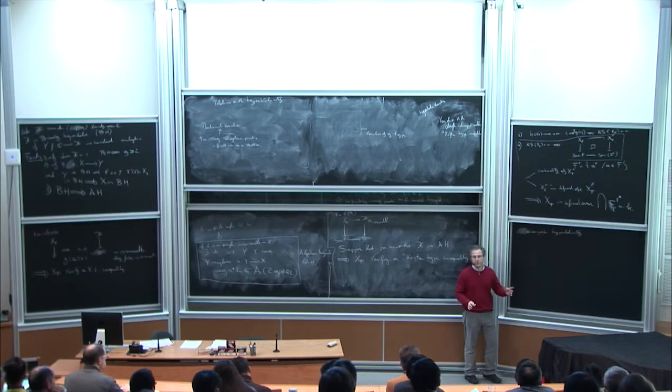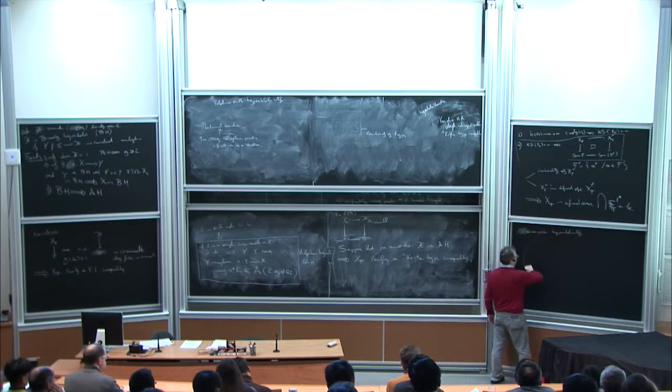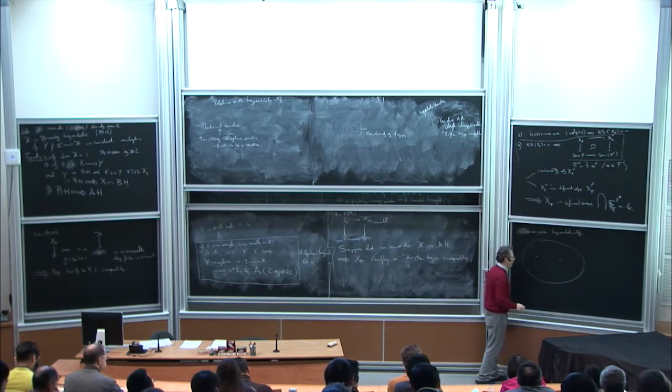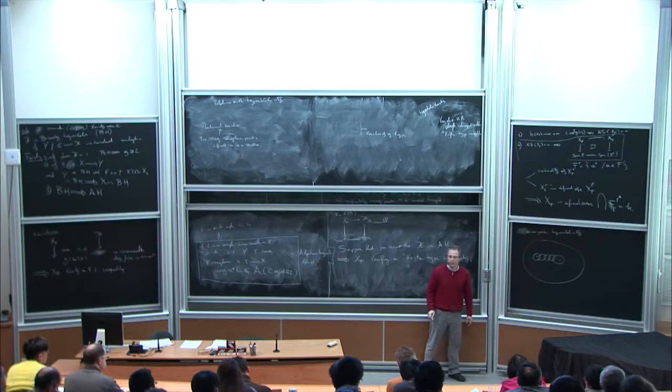I will make a picture to explain this, because otherwise it takes too much time. You take a variety, and you take 2 points, and then you take a sequence of holomorphic disks inside this variety connecting these 2 points.